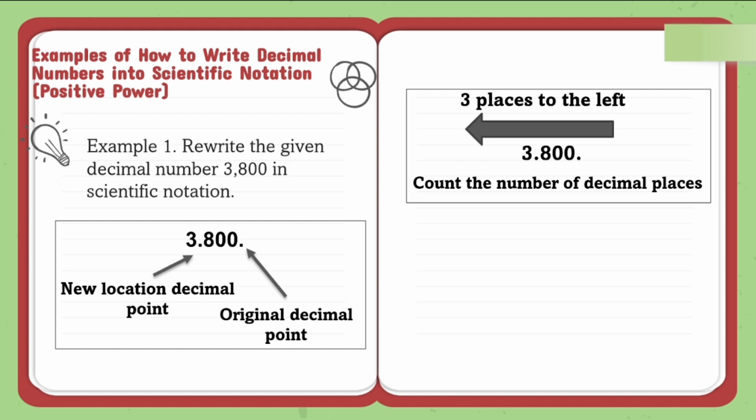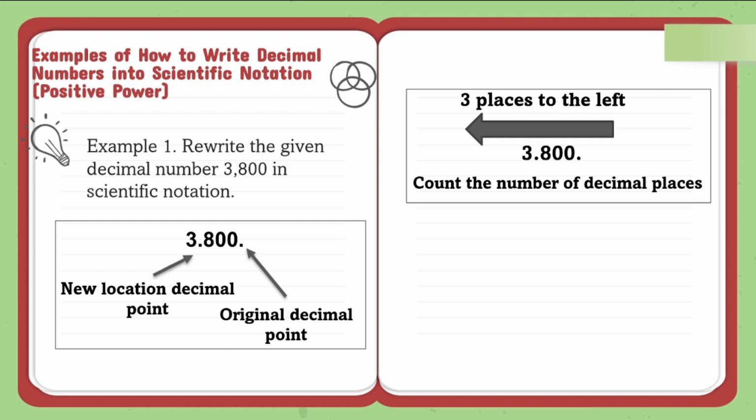Remember the rule above: if the decimal is moved toward the left, the count for the exponent of base 10 is positive. So our exponent must be positive. Since there are 3 places to the left, our value of C is 3.8 and the power of 10 is raised to 3.